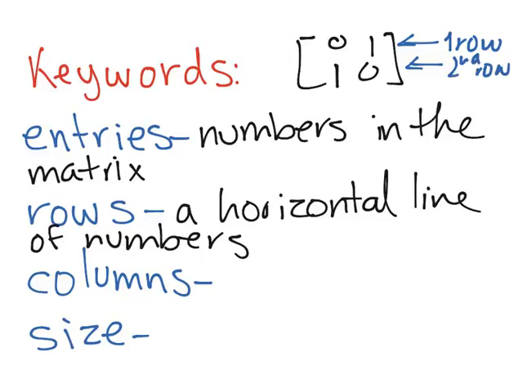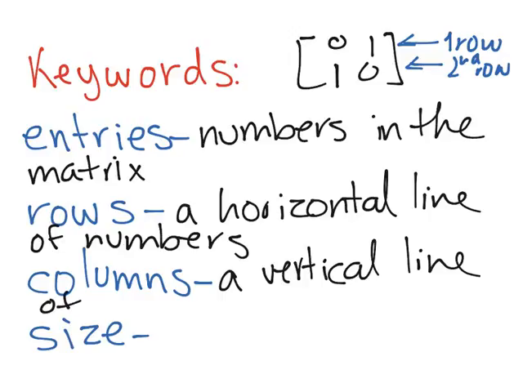Very well. Columns: a column is a vertical line of numbers. As you can imagine, the columns of this matrix are this one and this one. So this is 1 and 2.